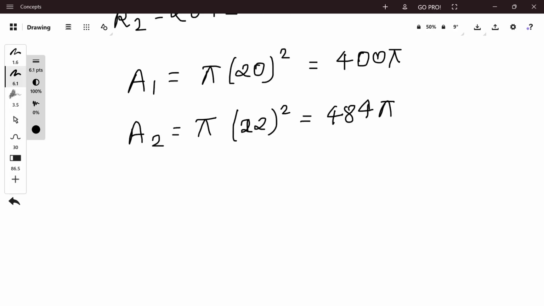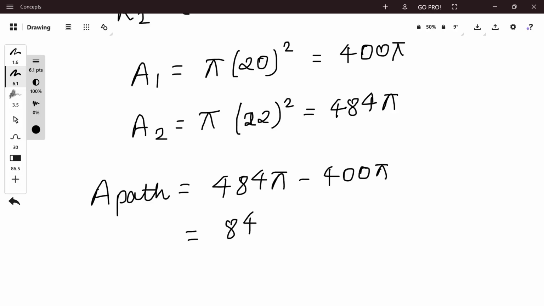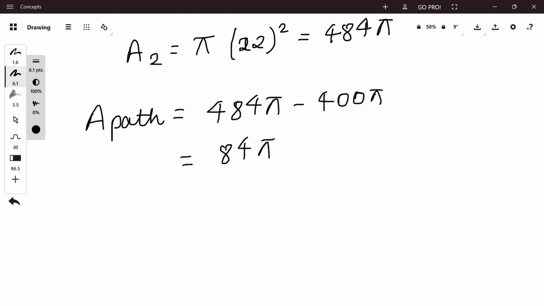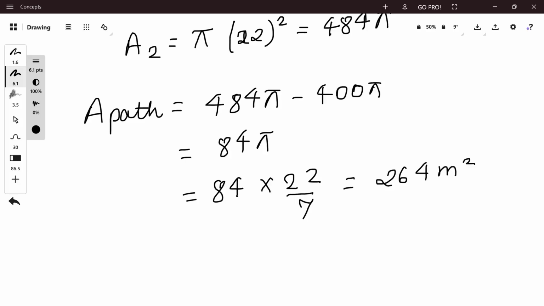The area of the path is equal to A2 minus A1, that is 484 pi minus 400 pi, that is equal to 84 pi. Using pi as 22 by 7, that is 84 into 22 by 7, that is equal to 264 meter square.